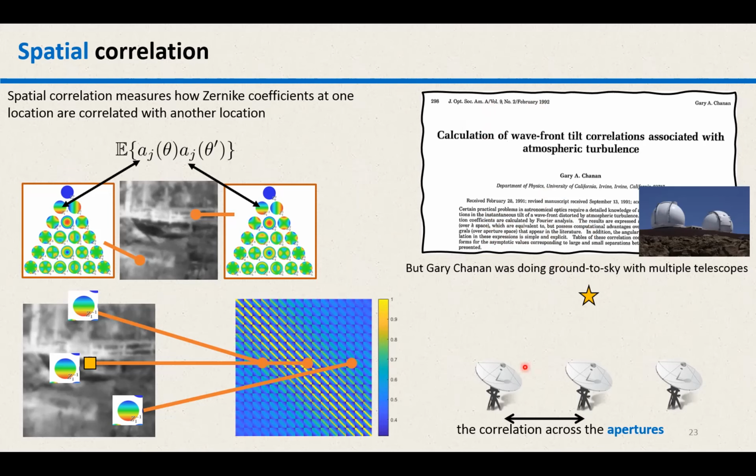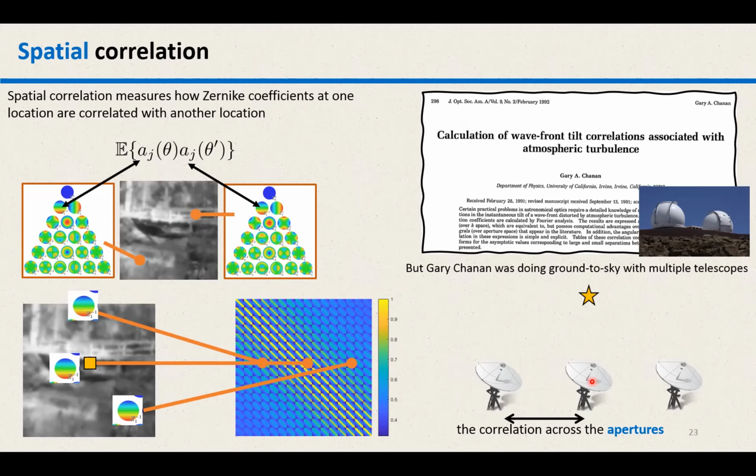If I have 2 apertures, well, of course, by that time he was studying the Keck telescope. So you have 2 apertures or multiple apertures, and you have 1 star, then I will be able to calculate the correlation across these 2 apertures. So when we looked at this problem, we found that, wait a minute, there is actually a symmetry between this and that. Here we are talking about 2 points in the object plane, and then we have 1 camera.